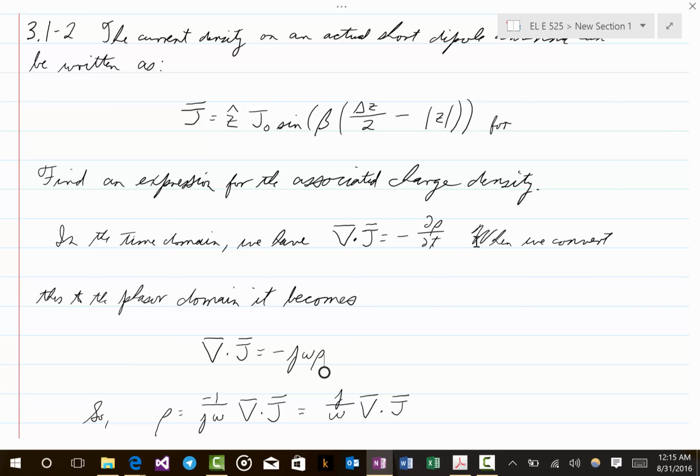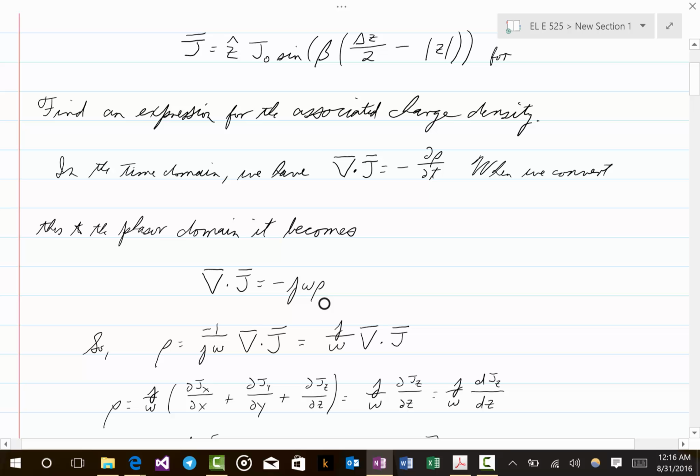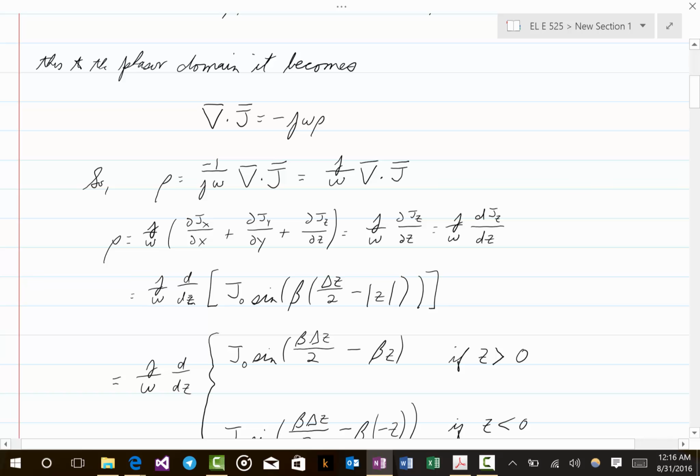Now, when we convert that equation, which is in the time domain, to an equation in the phasor domain, that partial t simply becomes j omega, and so we have that the divergence of J is equal to minus j omega rho. And we'll work with that form of the equation.